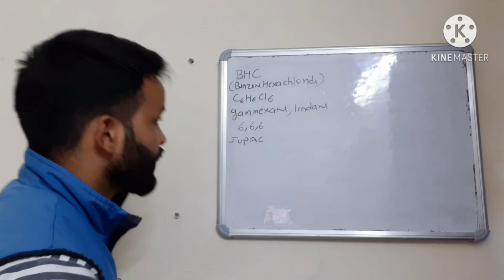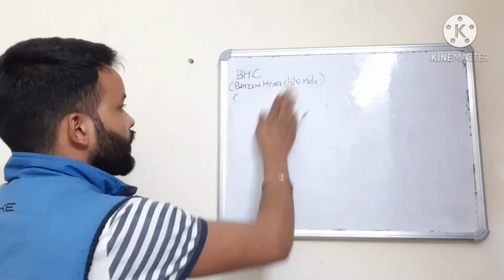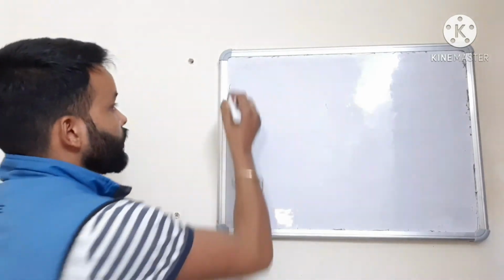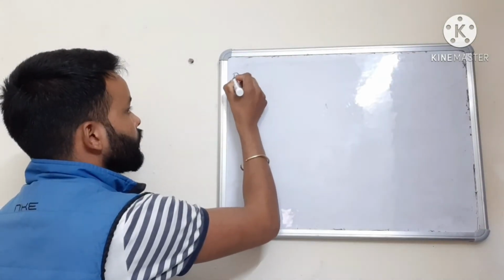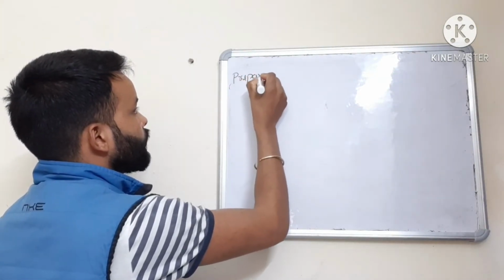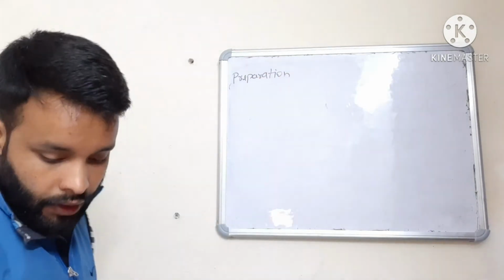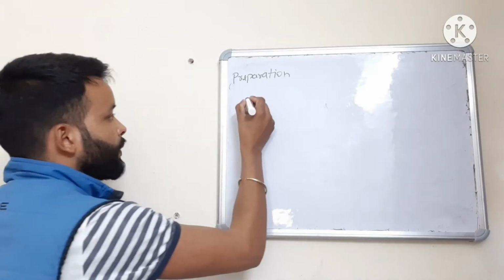So moving to the preparation of BHC. Benzene hexachloride is formed from benzene only.